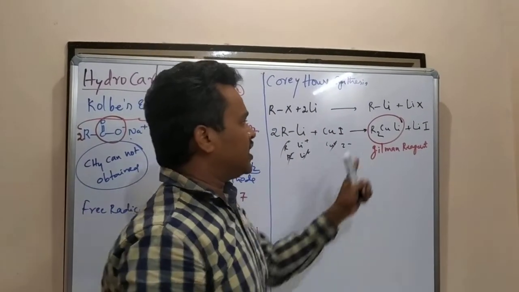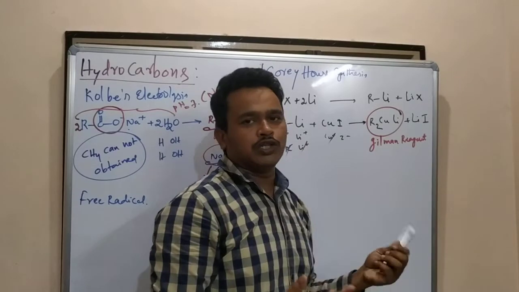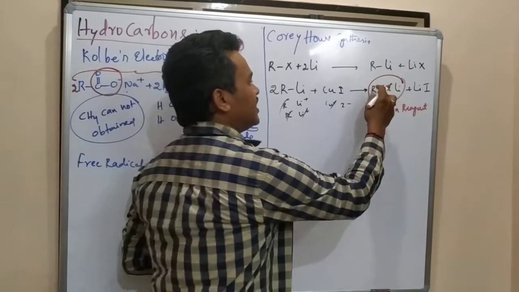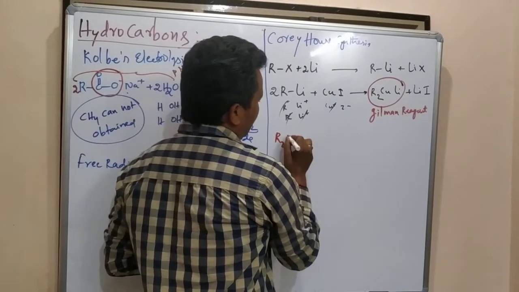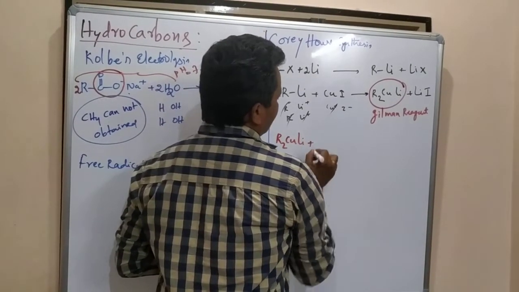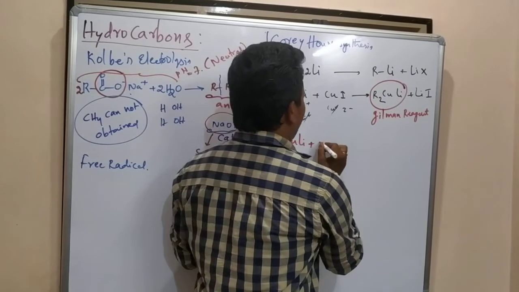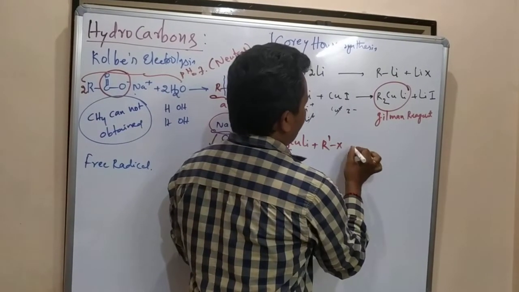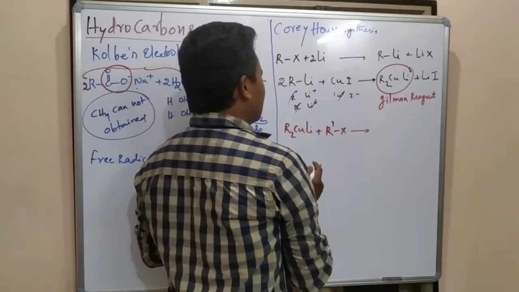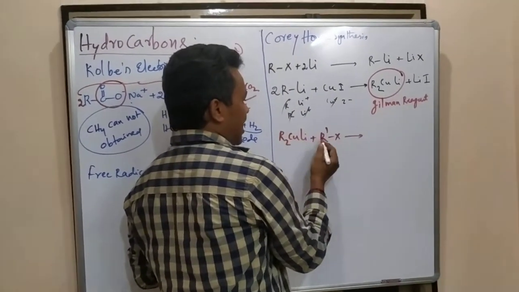In some preparations, they can start the reaction from this also, R2CuLi. This is my alkyl group, this part R2CuLi. It is going to react with some alkyl halide, maybe same or different. How is it going to come here? See that, here this R and this R dash.